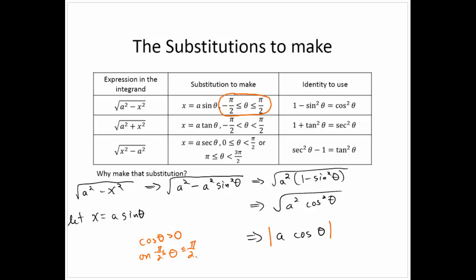And we usually make the assumption that a is positive as well. And so we really don't need these absolute value bars, and I won't be concerned with them on these integrals.